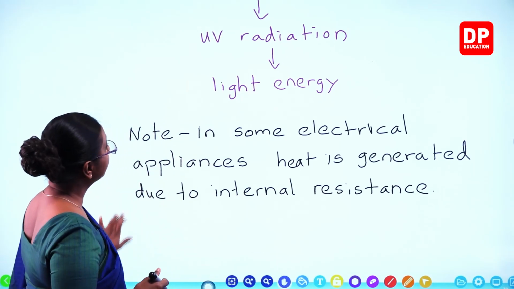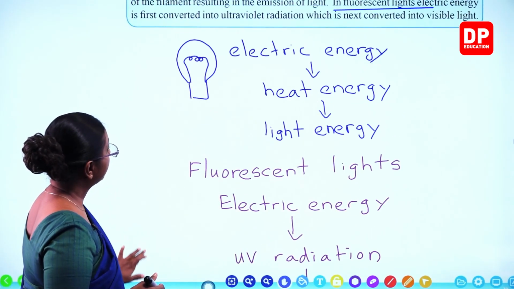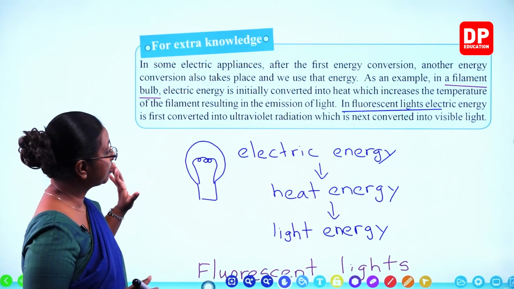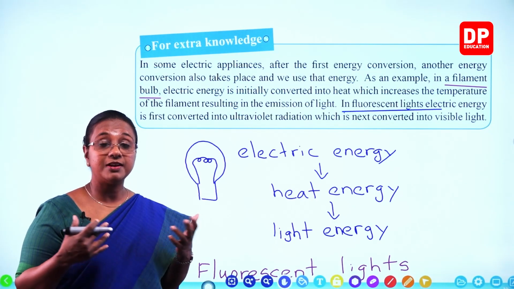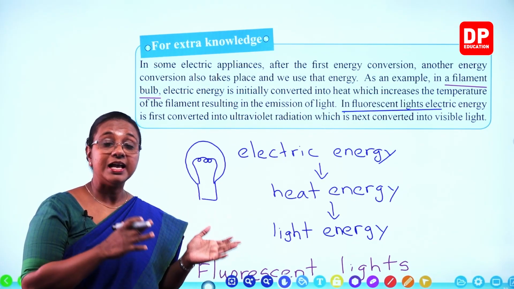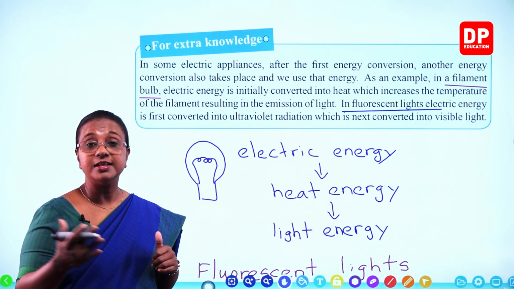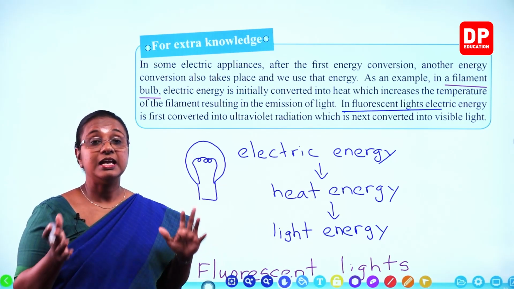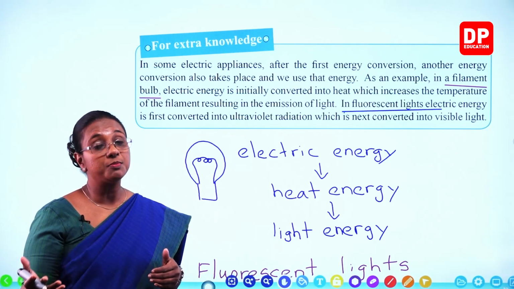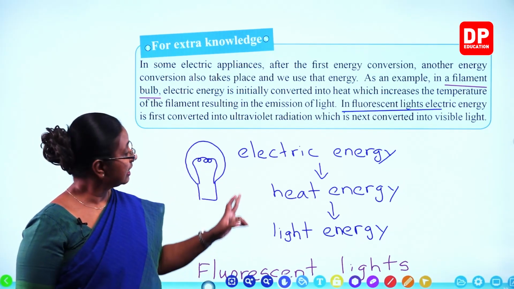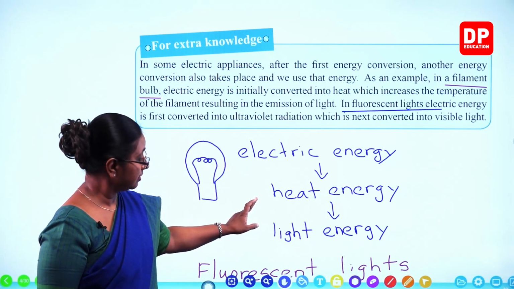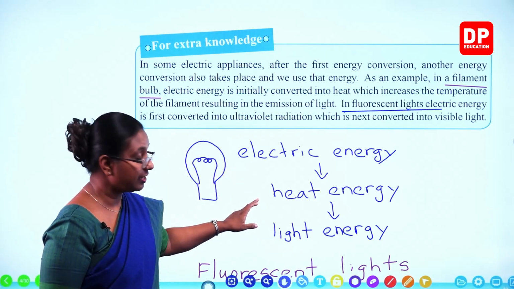So if I quickly go back, now here you can see this is for extra knowledge, but you have to keep this in mind. In the previous slide, we looked at different electrical appliances where electricity is converted to other different forms of energy. It can be just one form of energy or more than one forms of energy. But in some of the appliances, there is an energy conversion occurring first.